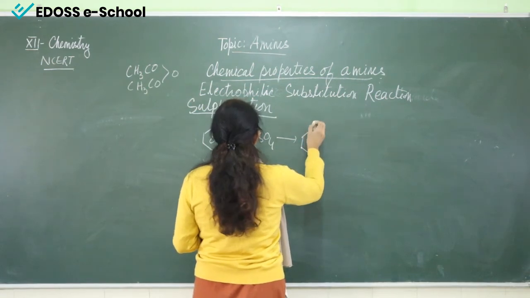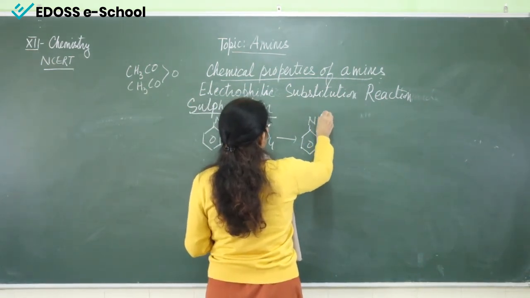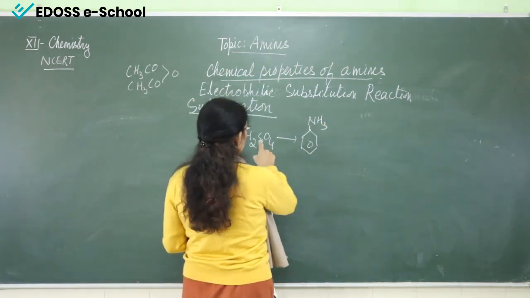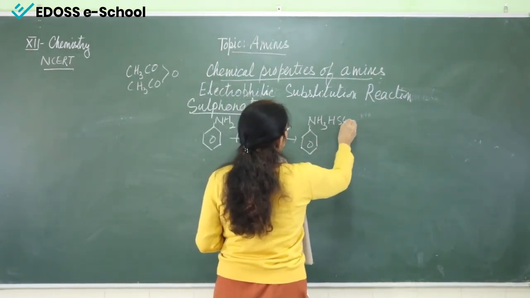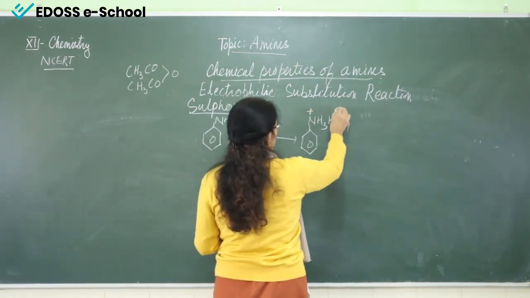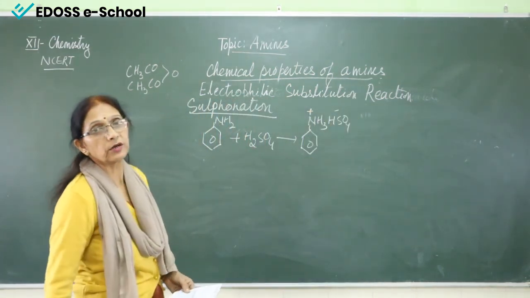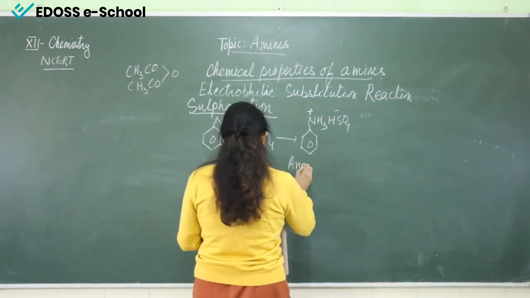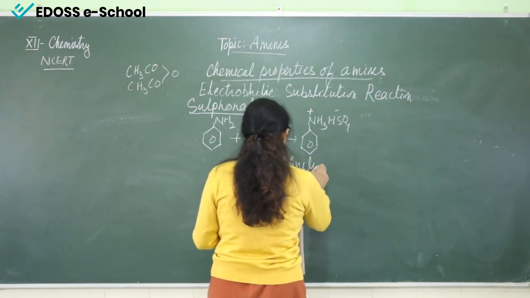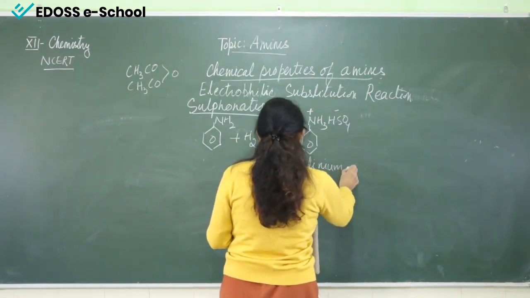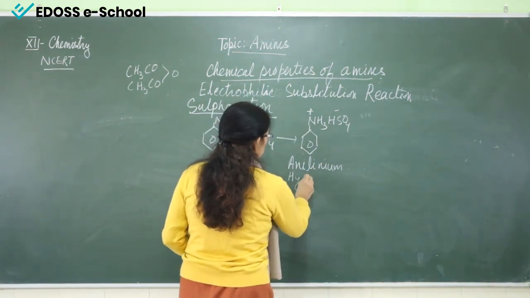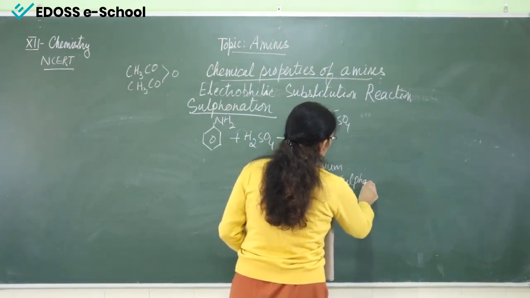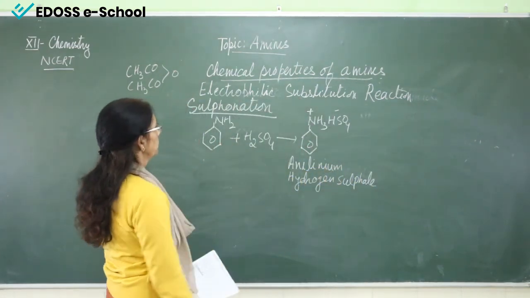First we are getting an intermediate product, where one hydrogen is adding to the NH2, so it will become NH3 and HSO4. This is positive and this is negative. This is our intermediate compound, known as anilinium hydrogen sulfate.